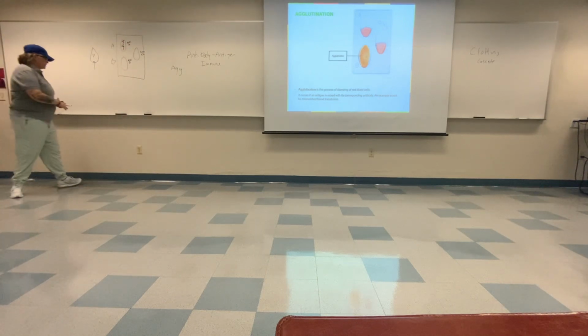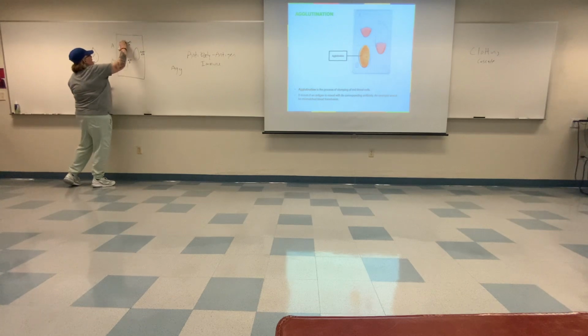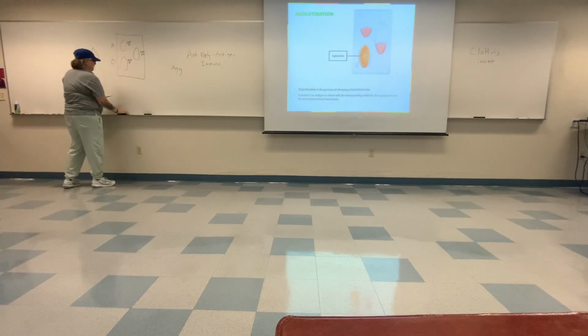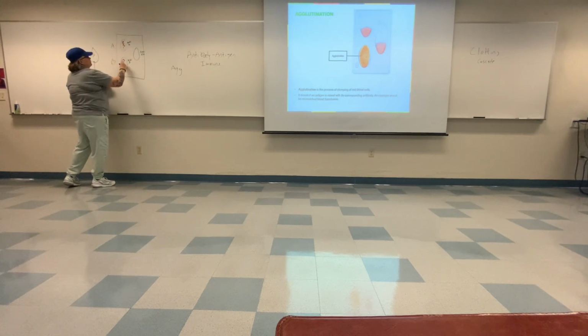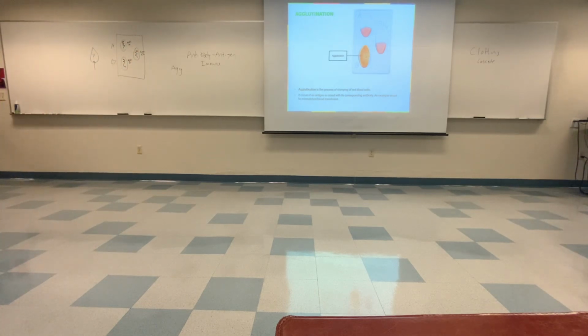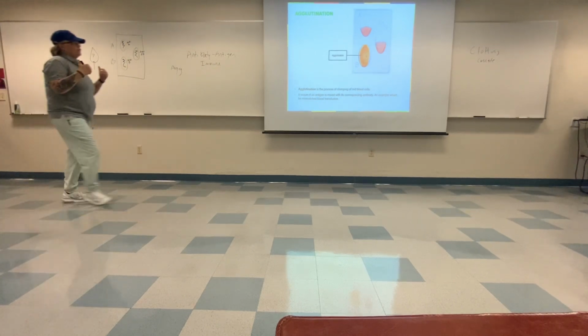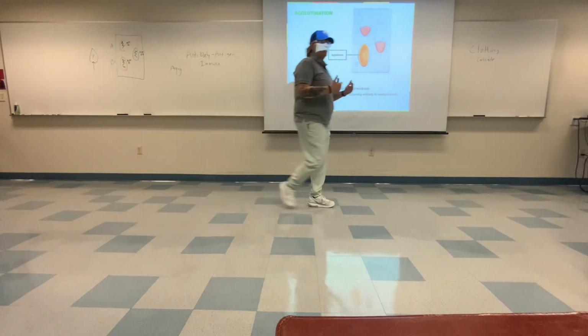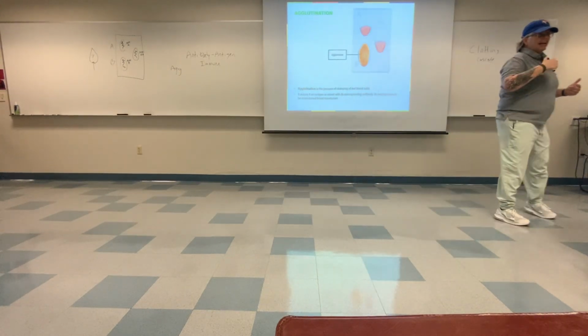A negative. Correct. What's this blood type? I don't know why I erased it. AB. AB positive? Positive. Correct. You seeing now? Okay, good. If you agglutinate, if you have clumping, that's what the blood has to be.